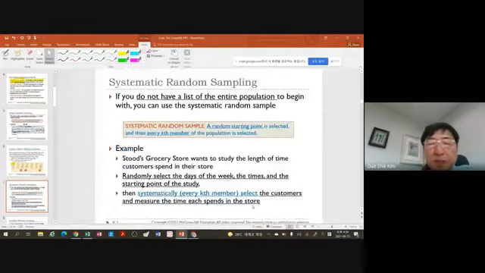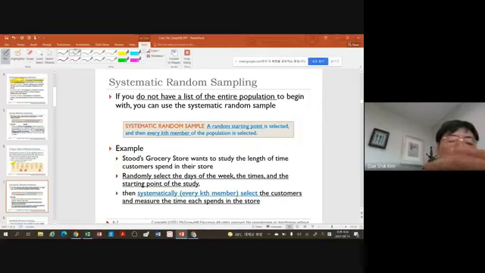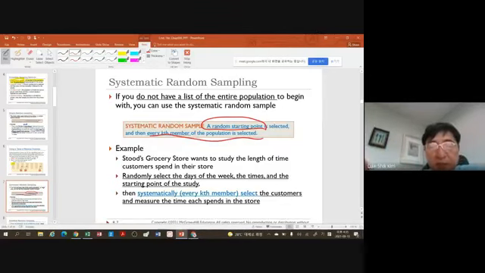Systematic random sampling is used if you do not have a list of the entire population to begin with. Step 1: select a starting random number first, and then every k-th member will be selected systematically. For example, a grocery store wants to study the length of time customers spend in their store. Randomly select what day you want. Okay, let's do it today.